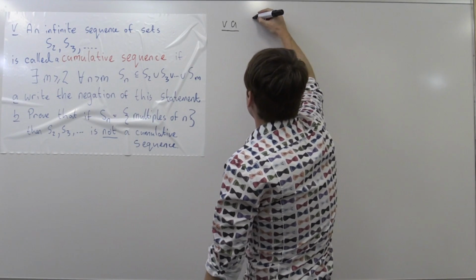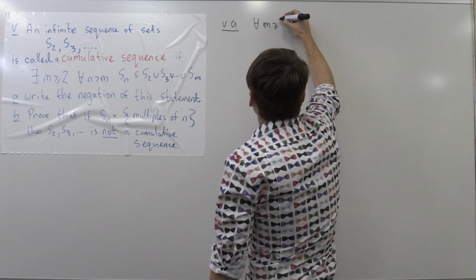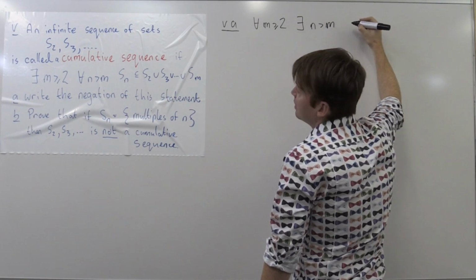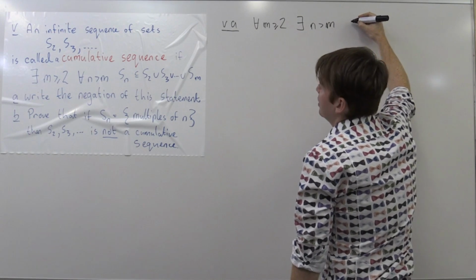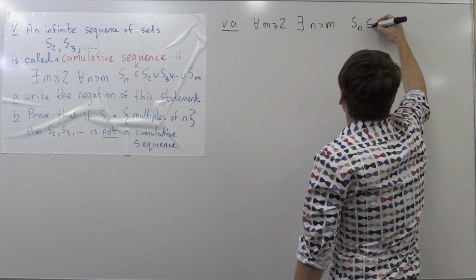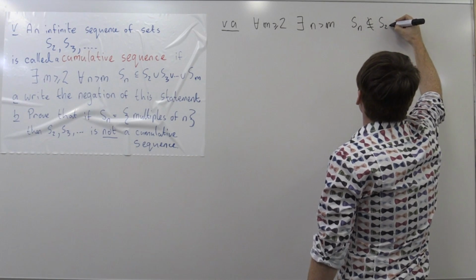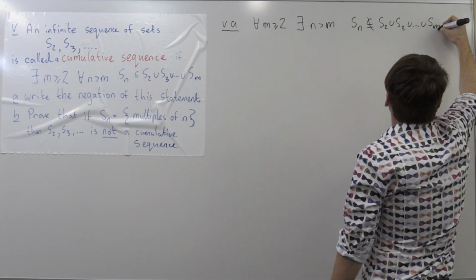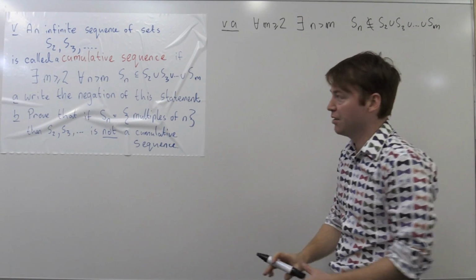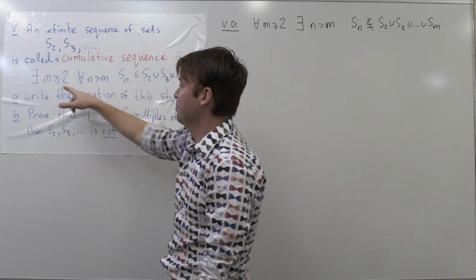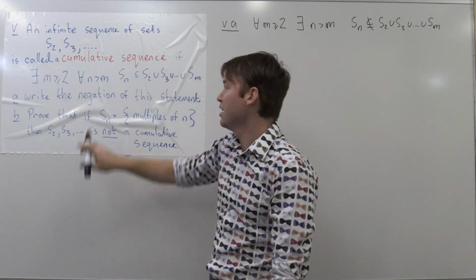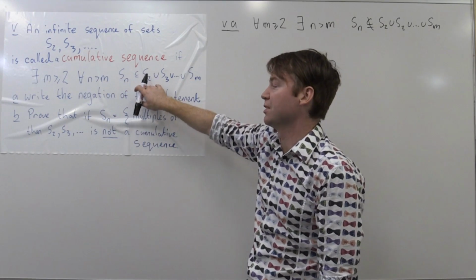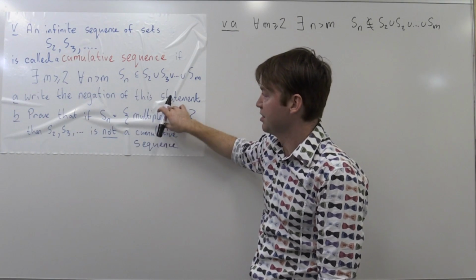So the negation is: for all m greater than or equal to 2, there exists some n bigger than m such that Sn is not a subset of S2 union. You just turn each of these, flipping the exists to alls and the alls to exists, and you have to negate the final statement in some other way because it doesn't have an all or exists in it.